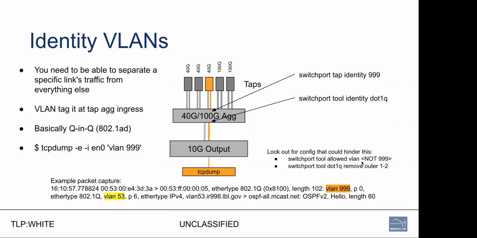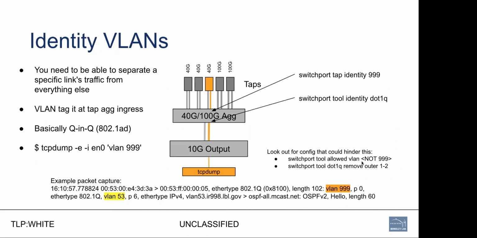Obviously you have IP addresses and MAC addresses, but we're running into situations like broadcast storms or routing loops, and it would be very useful to be able to say, okay, this specific link is where that traffic was seen, and we didn't have a way to do that until I found out about these things called identity VLANs.